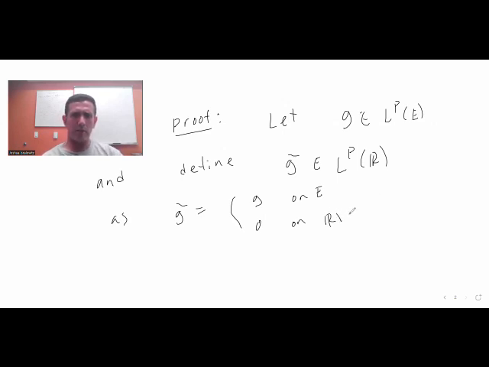Basically, it's G times a characteristic function of E, but I think this is a little clearer to write. So trivially, we have G equals G tilde on E. It's absolutely trivial.